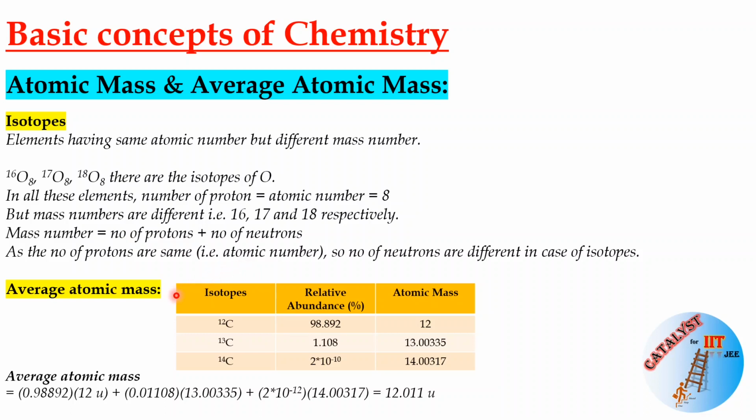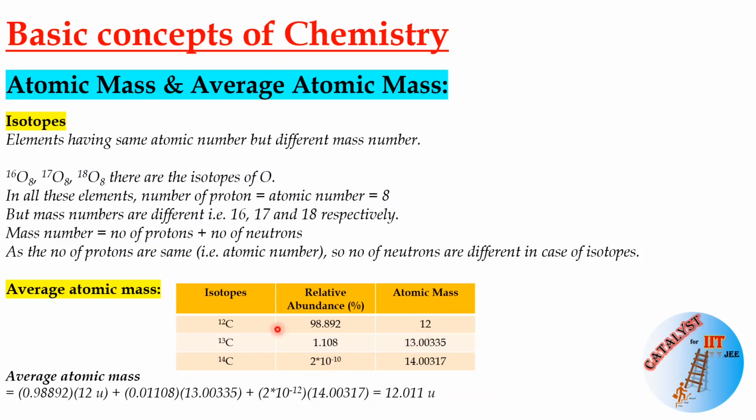Now, how do you calculate average atomic mass? In nature, there is not just carbon 12, there are carbon 13 and carbon 14 as well. But the relative abundance means the presence of the isotope in nature. Now, carbon 12 is majorly present, with an abundance of 98.892%. Carbon 13 has a relative abundance of 1.108 and carbon 14 has a relative abundance of 2 times 10 to the power minus 10, which is very small.